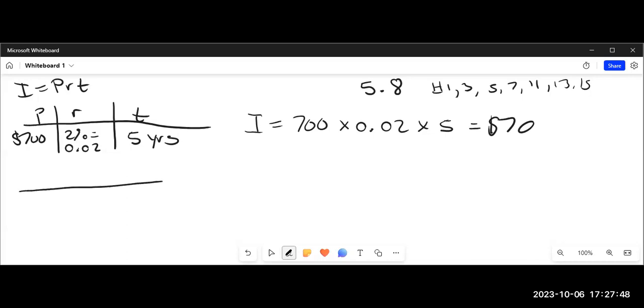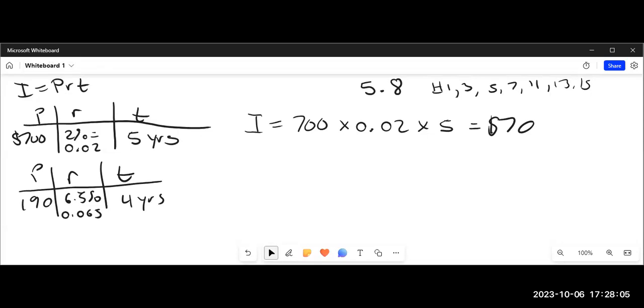For our next problem, we have P, R, and T: P is 190, R is 6.5%, which is 0.065, and T is 4 years.